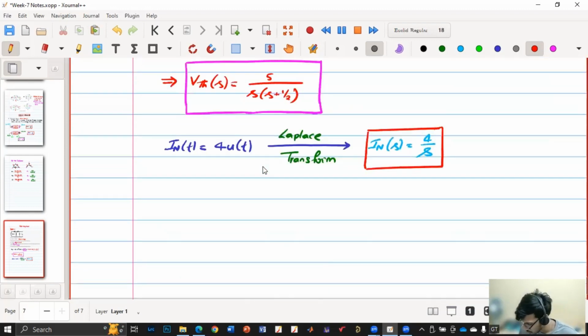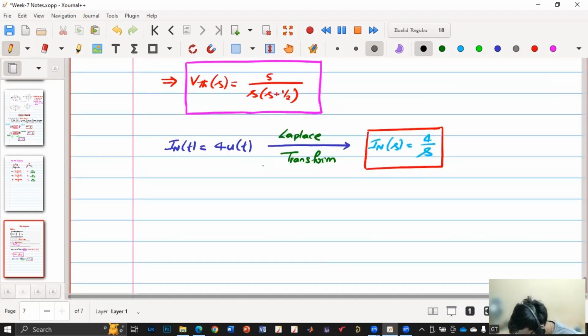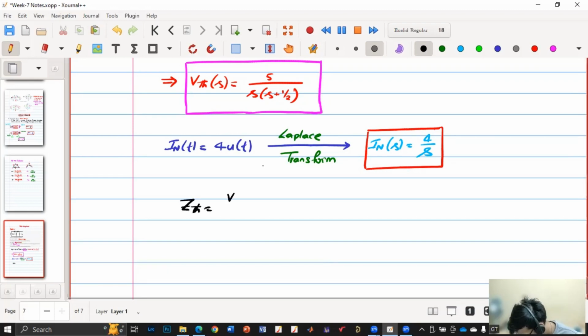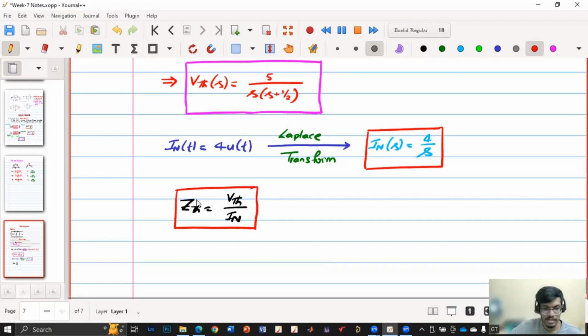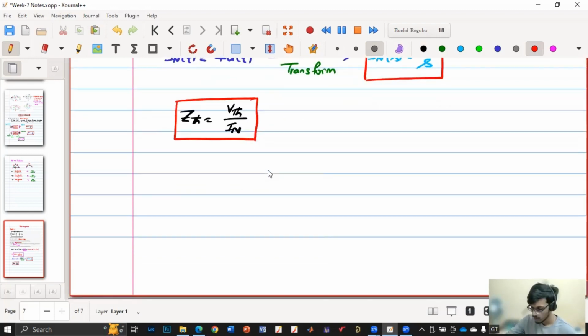So this is one important thing. I'll also prove how it is coming. So Z Thevenin is V Thevenin by I Norton. This is the information that they have provided, so that we can calculate ZTH. How is this coming?